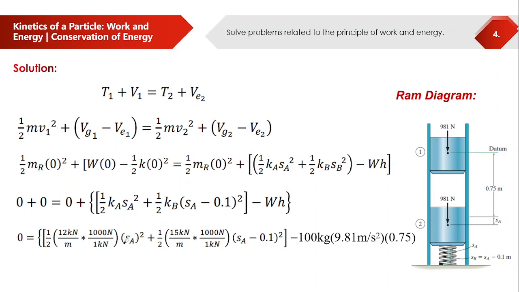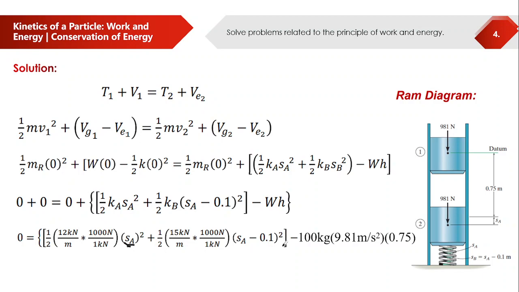So this is the compressed length because of the downward movement of the ram, plus 1/2 of spring B, that will be 15 kilonewton, the stiffness of B, converted to Newton, times the displacement, or the compressed length of B, which is equal to S sub A minus 0.1.